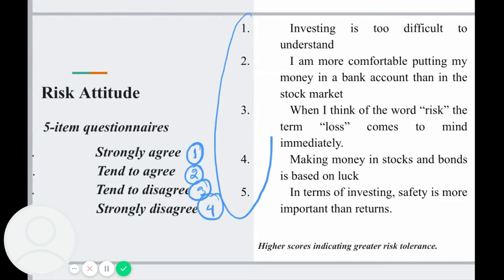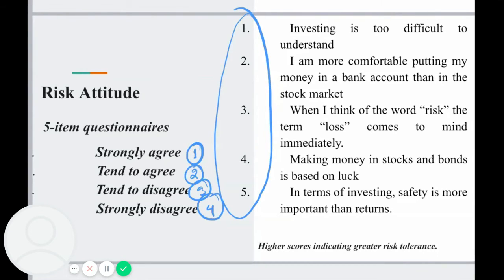Based on these 5 questions, the maximum number of points is 20 and the minimum number of points is 5. So once the investor asks these questions, based on the client's response, the investment manager determines whether the client has a higher willingness to take risk or not.